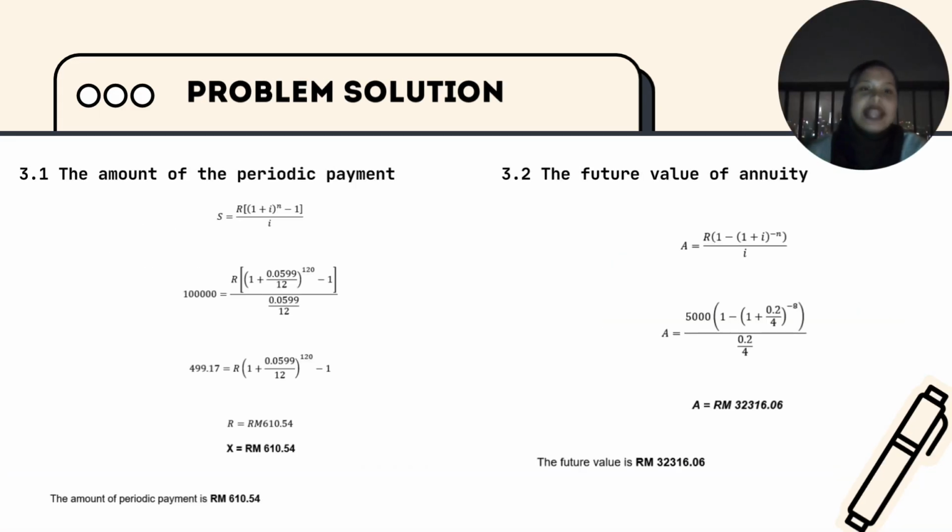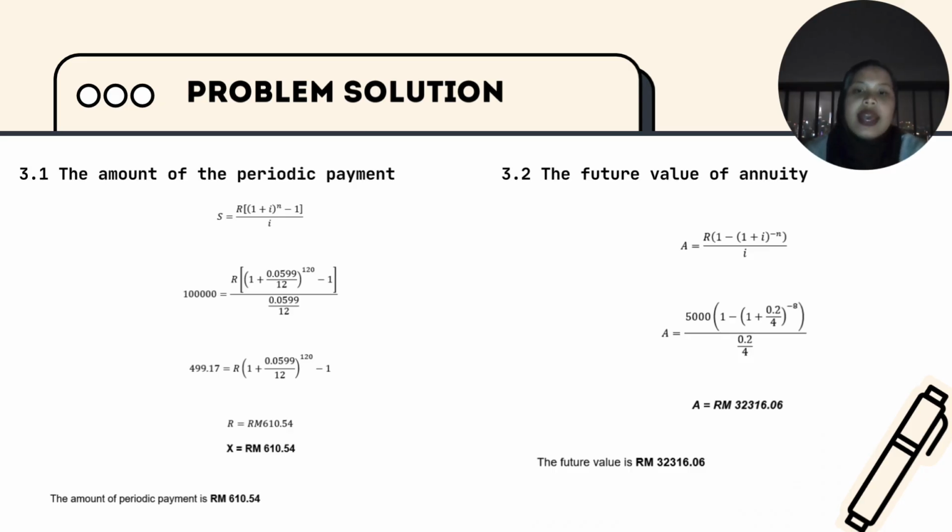We move to the next slide, which is the problem solution. The first question is the amount of the credit payment. We already provide the formula below the question, which is S equal to R multiplied by 1 plus I to the power of N, minus 1, and divided by I. As we know, S is 100,000, equal to R multiplied by 1 plus 0.0599 divided by 12, to the power of 120, minus 1, and divided by 0.0599 divided by 12.